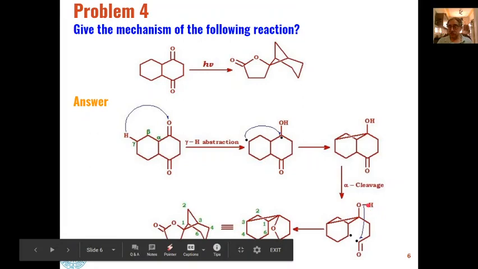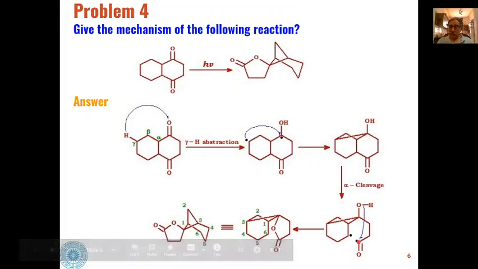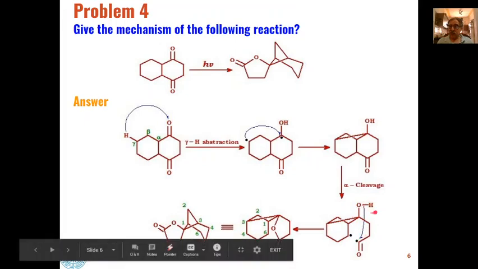This H radical from here will be shifted to this, and an aldehydic group will be formed. Then this oxygen will be having now one electron, and this will form a bond with the carbon of the carbonyl, and this H free radical will go to this carbon free radical.